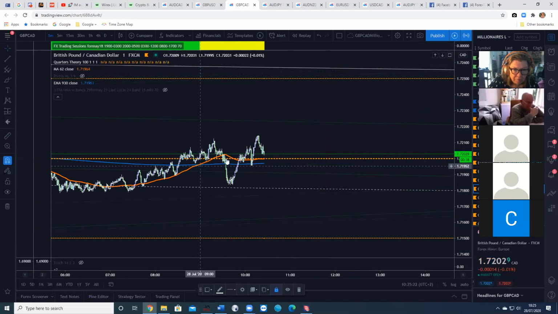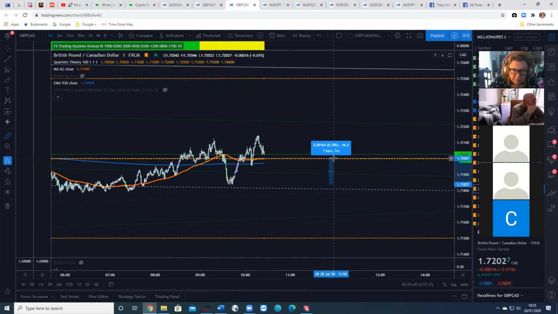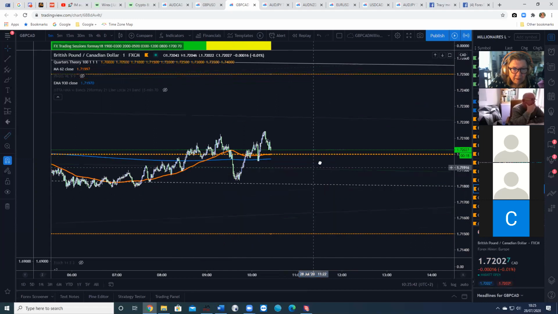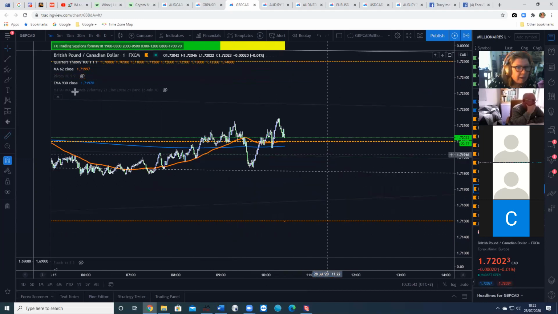You've got orange above the blue pushing it up for the buy. You did have a break and a retest down here, but then it's decided to go for the buy at the moment. That was 16 pips there.